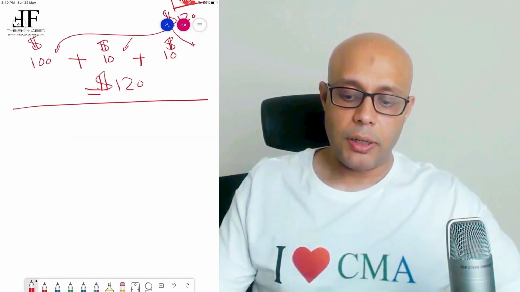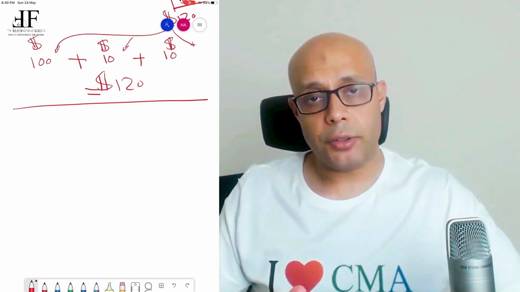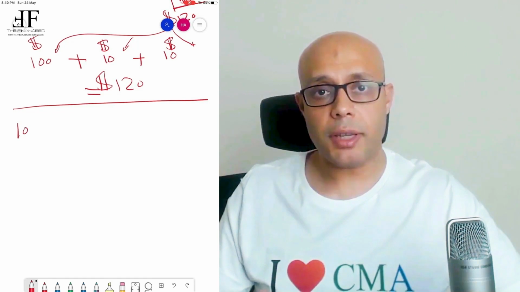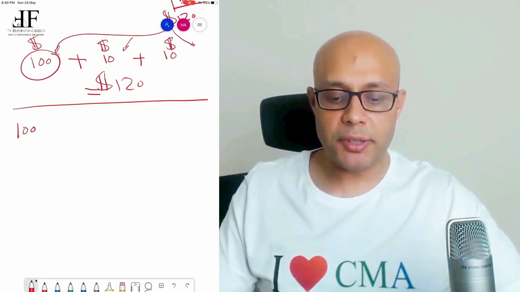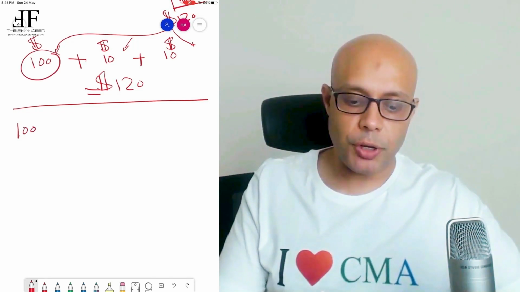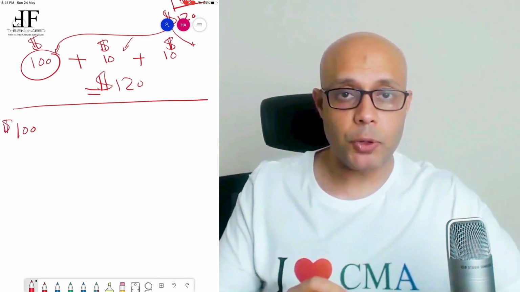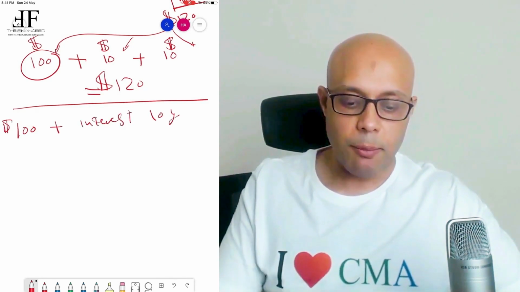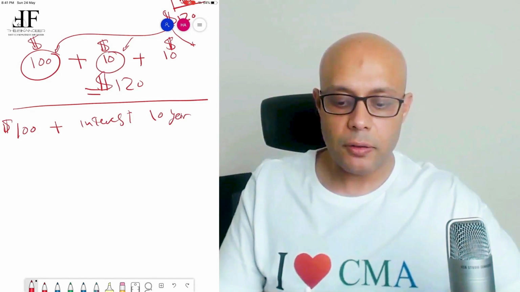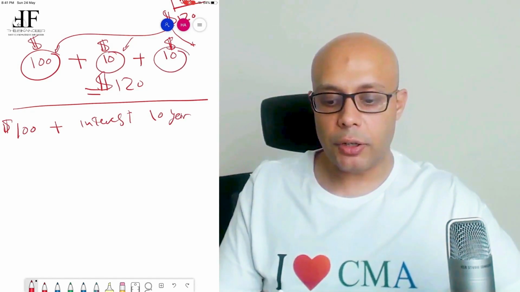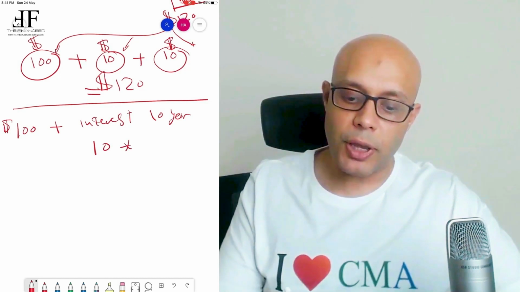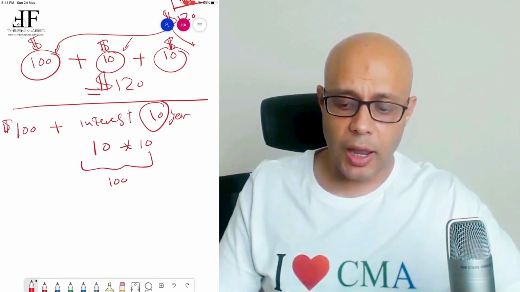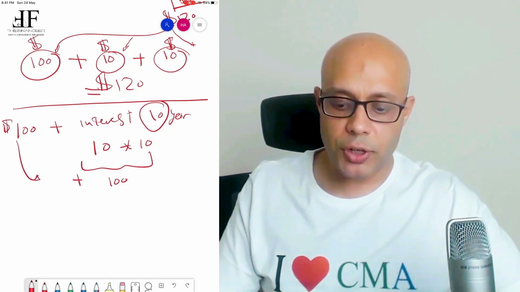Now, if you are going to calculate the interest for 10 years under the simple interest calculation, again it will be the same. How much principal did you deposit in your account? It will be $100, plus interest for 10 years. How much is the interest for any year? It will be $10. So you multiply 10 times the number of years, which is 10.